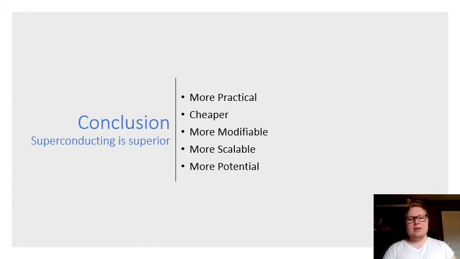This leads me to the conclusion that the superconducting technology is the superior design. It's more practical, it's cheaper, it's a lot more modifiable, almost infinitely scalable, but most importantly, it has a lot more potential.